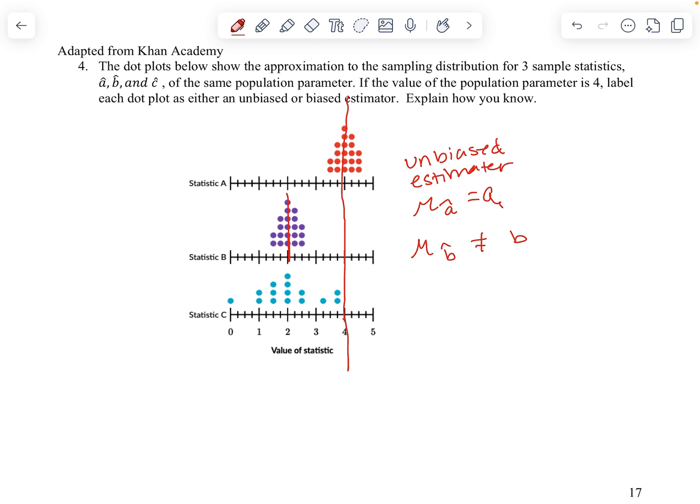And then same thing here, it equals about 2. So again, the mean of all the sample statistics for C does not equal the population parameter. So as a result, the only one that is unbiased is statistic A, and the other 2 are both biased.